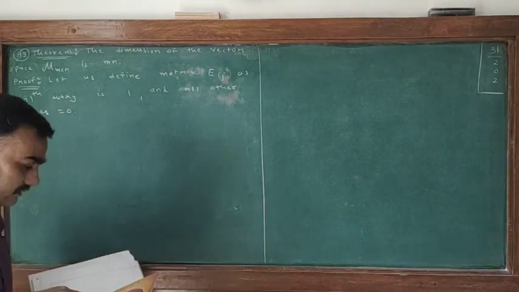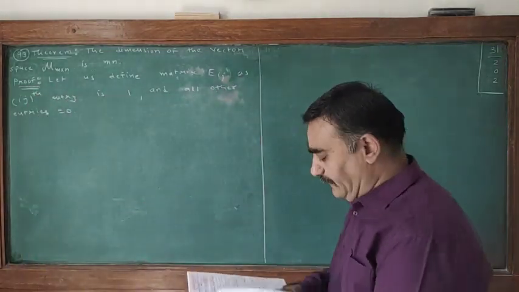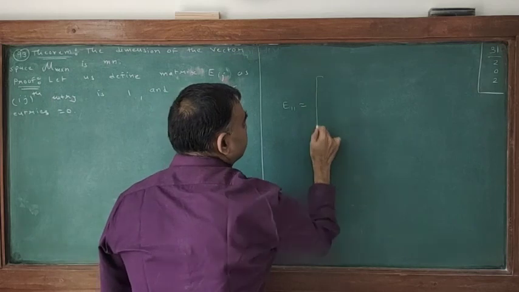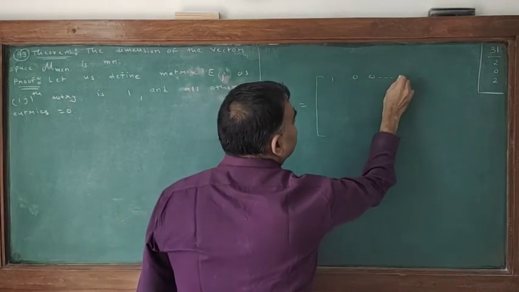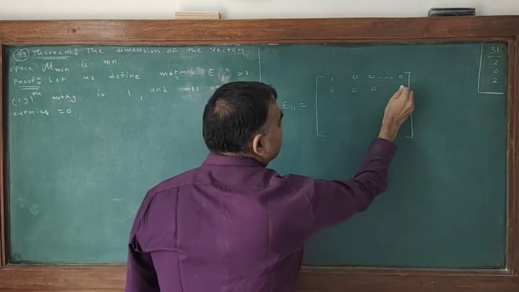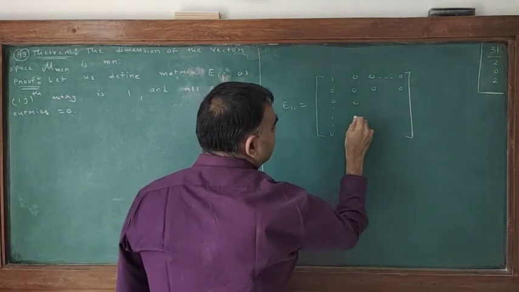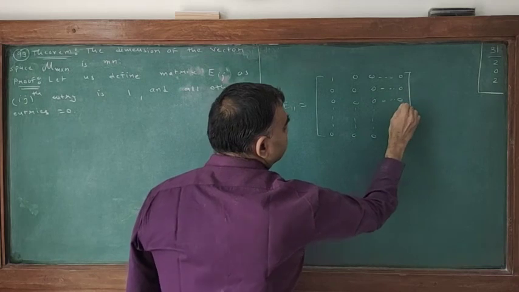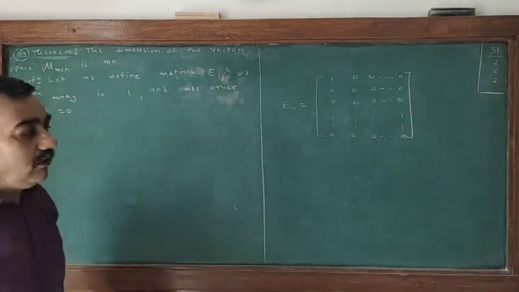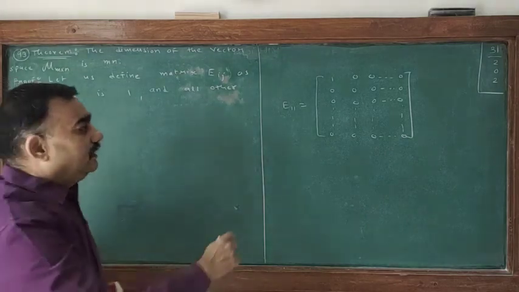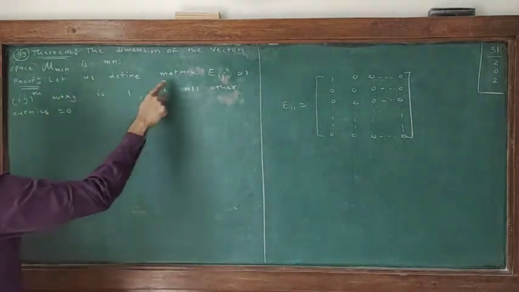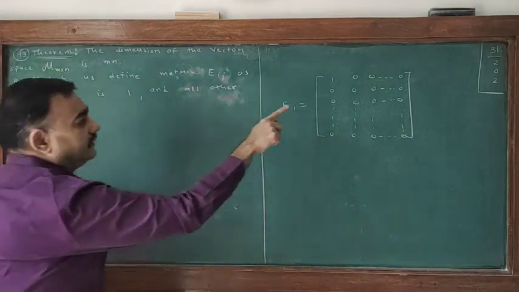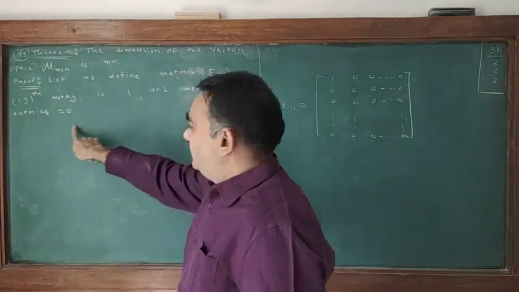We define this for your understanding. If I say E11, means this is 1 and all other entries are 0.